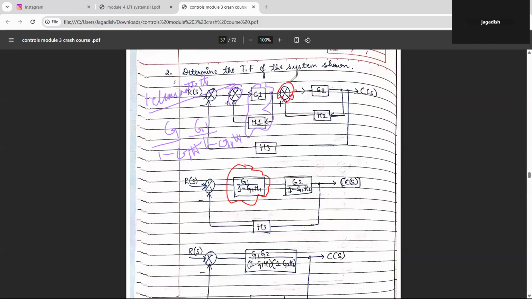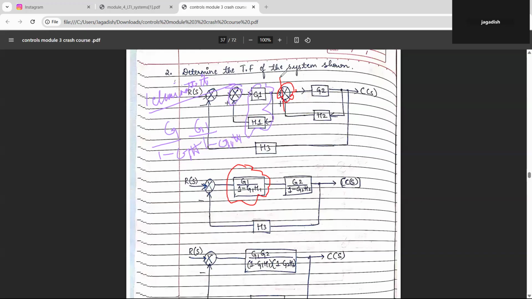I have to eliminate it. Are you able to understand, students? Please respond in the chat box. If there is a feedback loop, don't directly apply series and parallel. You have to eliminate, you have to remove this. That is your first rule.